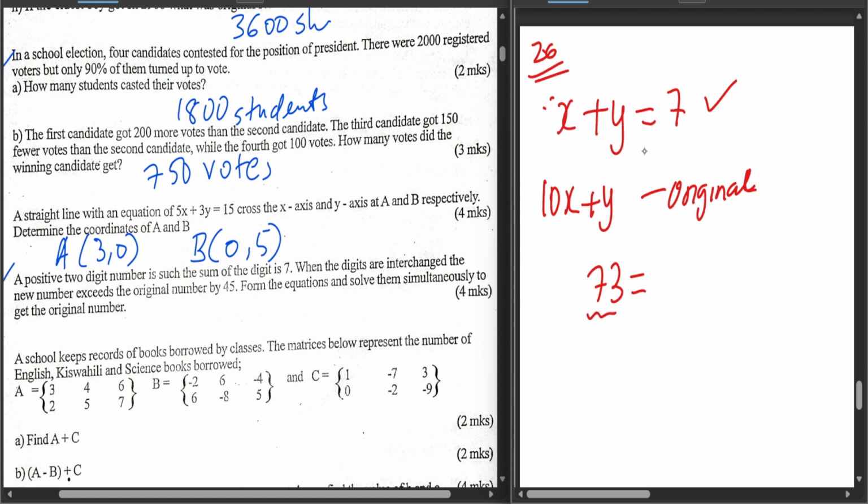How do you get 73? You take 7 times 10 because it is in the tens place, plus 3 times 1, which is in the ones place. So it's the same thing. If we don't know the first digit and assume it to be x, and the second digit to be y, it is therefore going to give you 10x plus y.